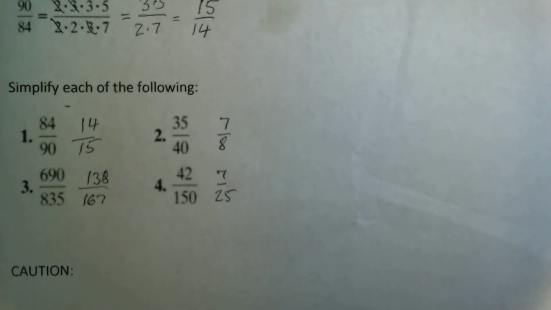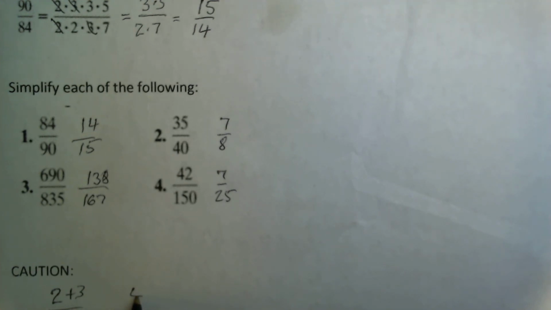Now, there's a word of caution when it comes to this canceling. I showed you what you can do, but what you cannot do is, for example, if you have an expression 2 plus 3 divided by 2, you can absolutely not cancel the 2 against the 2, because the 2 is not a factor. In fact, the 2 is an addend in the numerator, so you can never cancel terms of a sum.